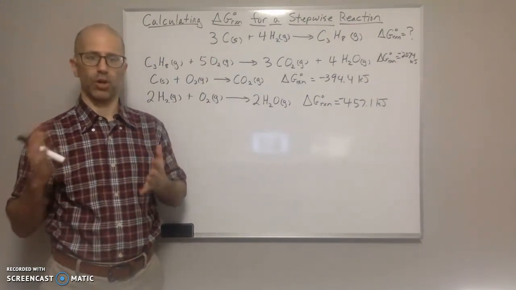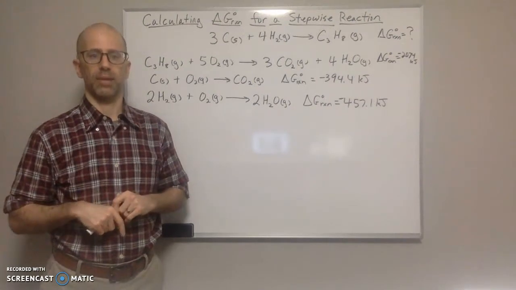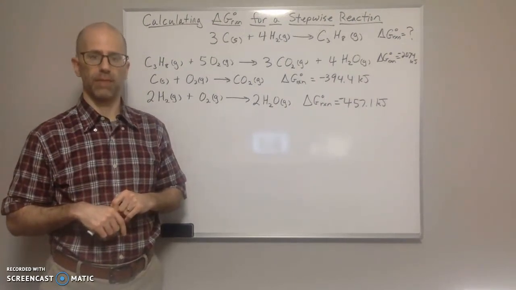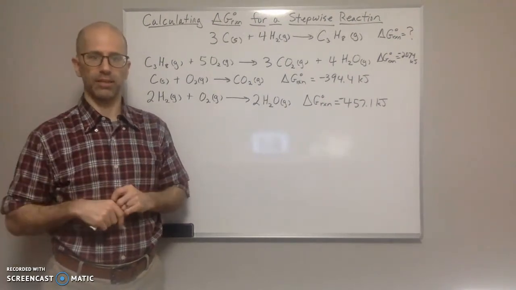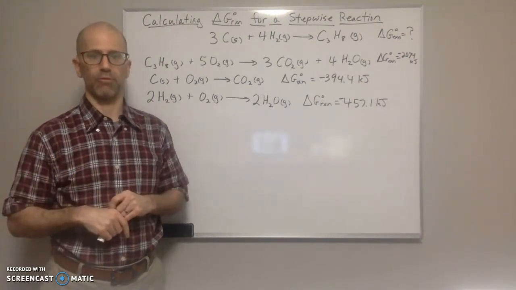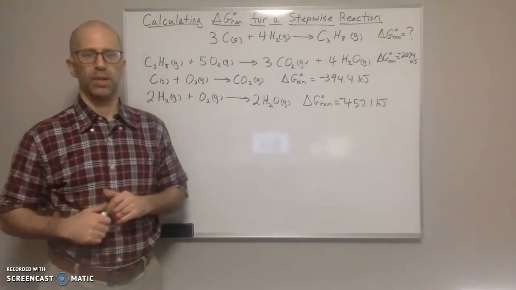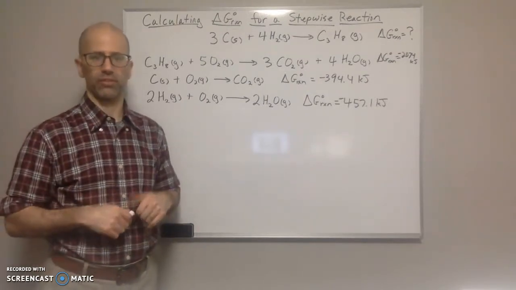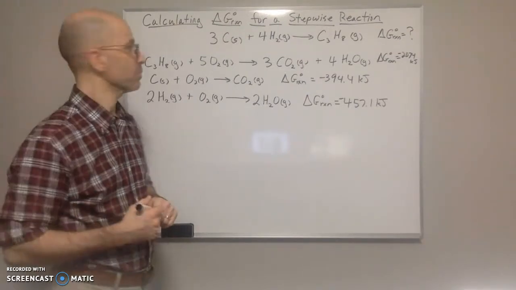And then you can follow kind of a Hess's law type strategy where you can then add up the free energies of the reactions that gave you that resulting reaction. So let me go ahead and show in this example here.